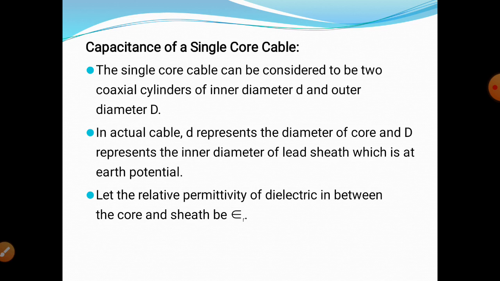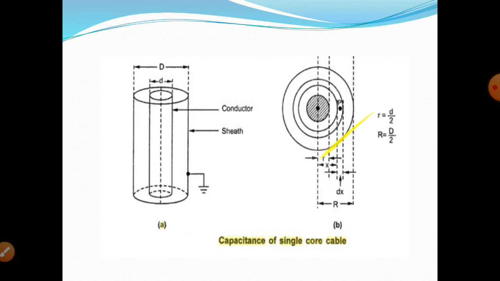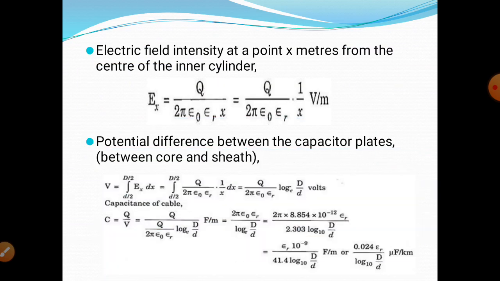The lead sheet is connected to earth potential. Let the relative permittivity of the dielectric between core and lead sheet be epsilon r. The electric field intensity at a point x meters from the center of the inner cylinder is Ex equal to q divided by 2 pi epsilon naught epsilon r into x.